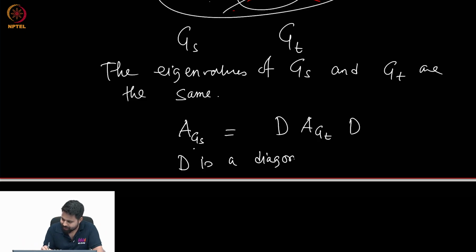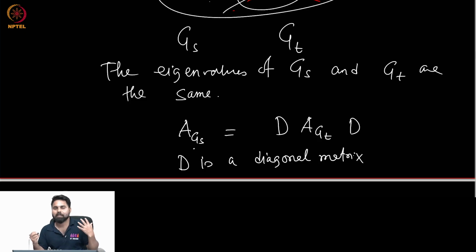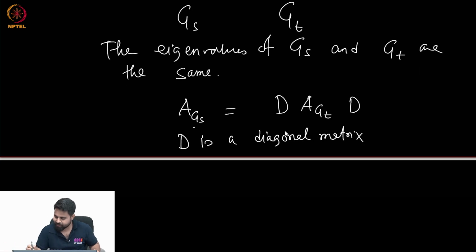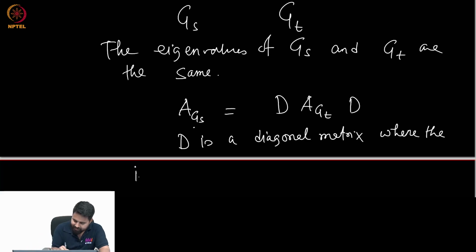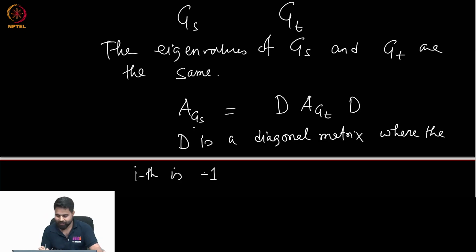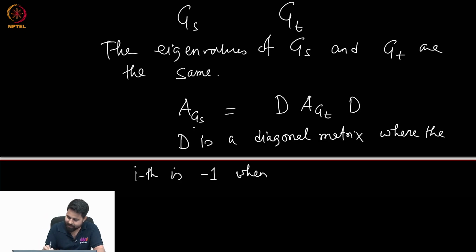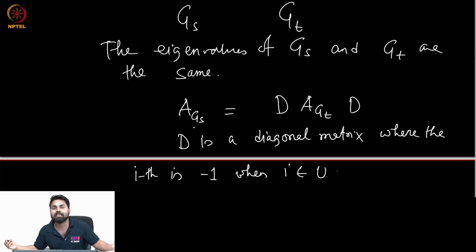So D is a diagonal matrix where the ith entry is -1 when i belongs to U, with respect to which this switching is done.